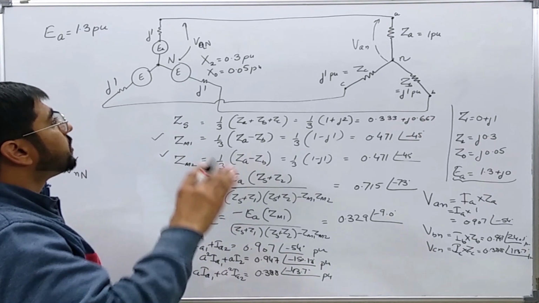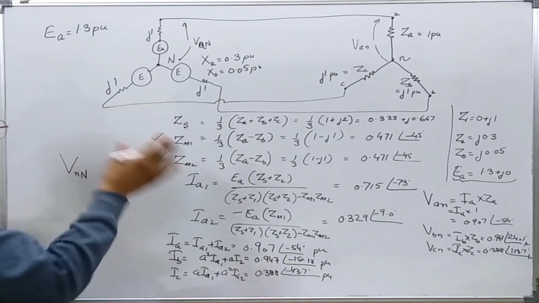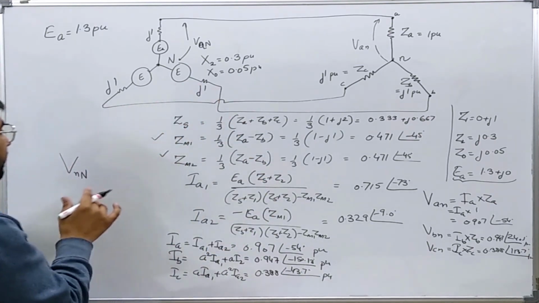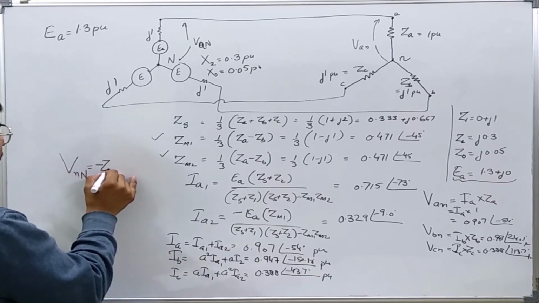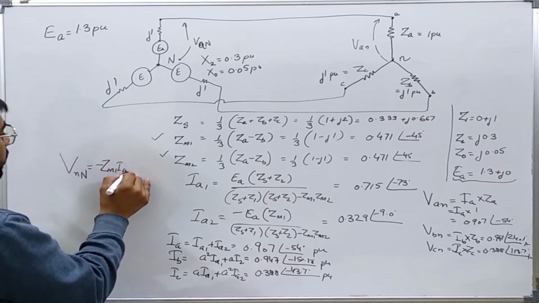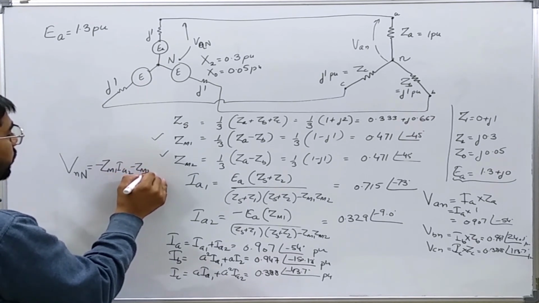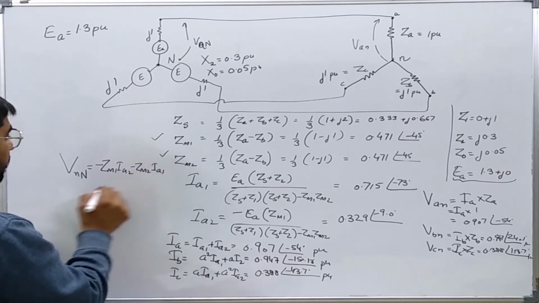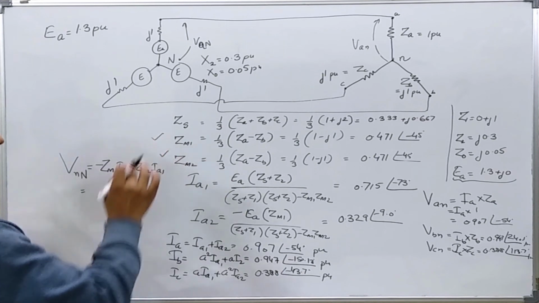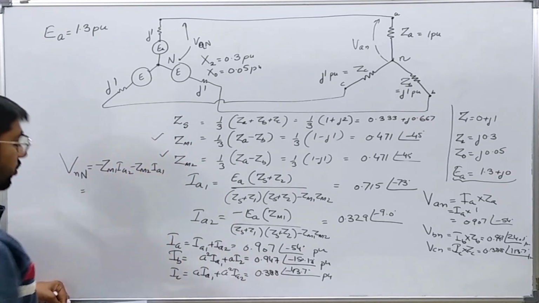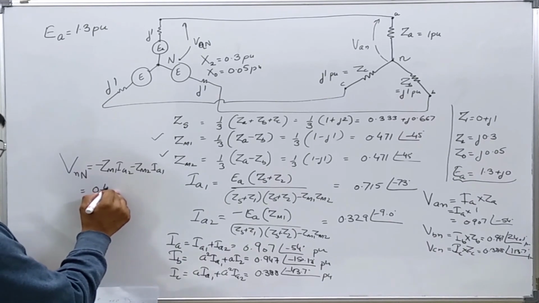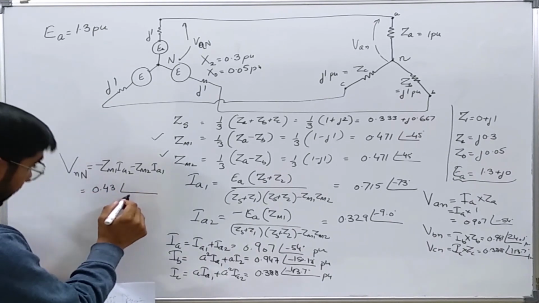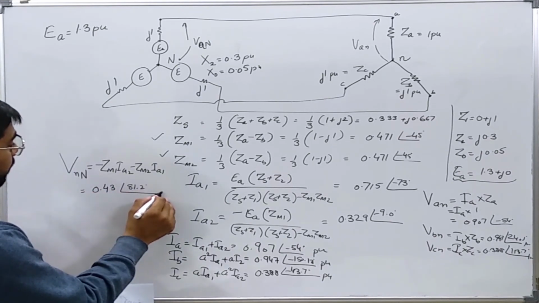So it is very easy to see from our previous slide, equation number 7, that it is nothing but minus Zm1 IA2 minus Zm2 IA1. Now Zm1, Zm2 I have, IA2, IA1 also I have, and it is equal to 0.43 angle 81.2 degrees per unit.